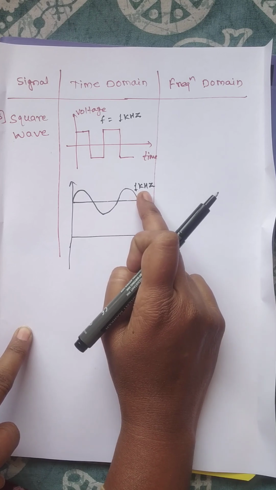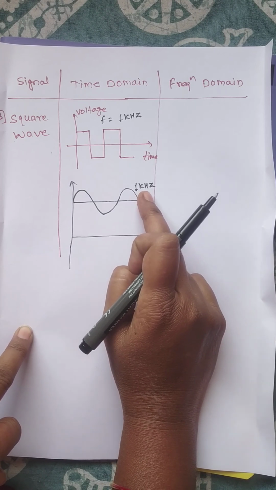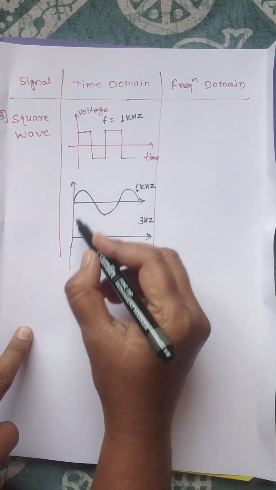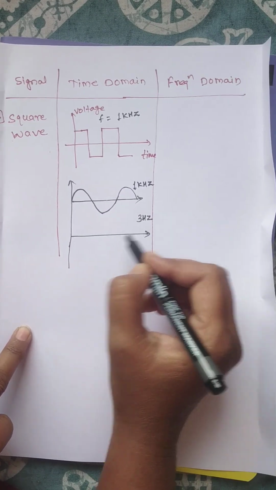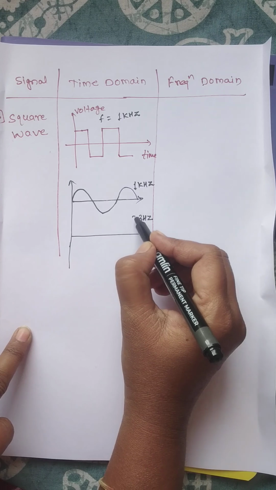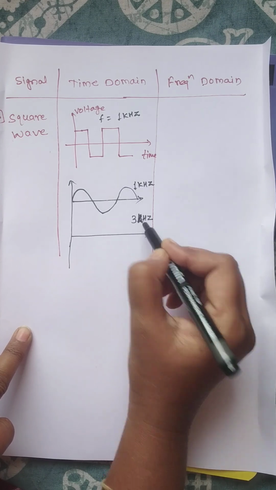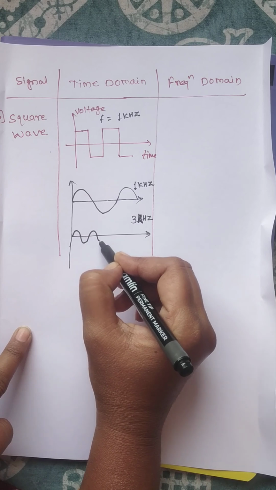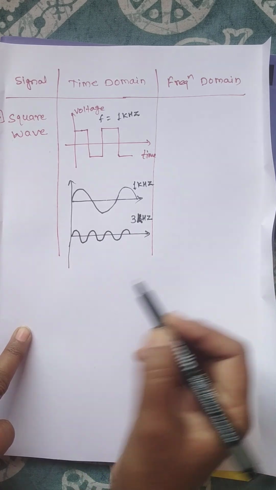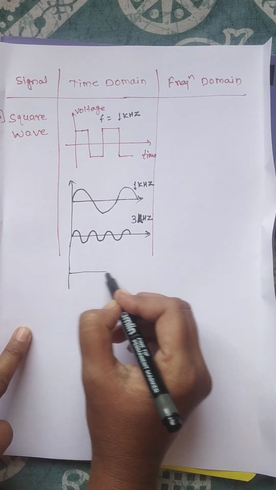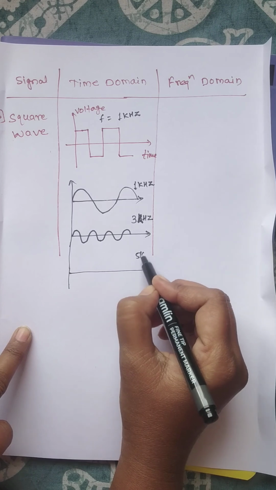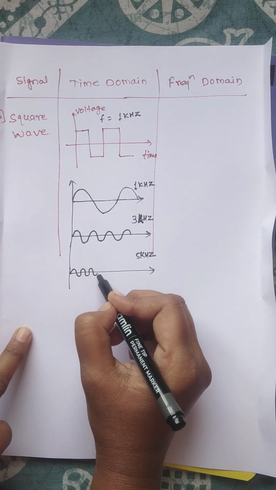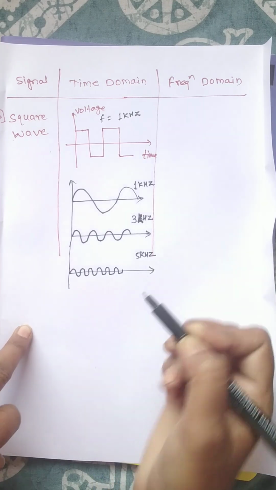So the odd harmonic of 1 kilohertz is 3 kilohertz. So the next sine wave is of 3 kilohertz frequency, not 3 hertz, it is 3 kilohertz, and its amplitude should be smaller than the above frequency. Okay, the next odd harmonic of 1 kilohertz is 5 kilohertz, and again the amplitude is reduced.